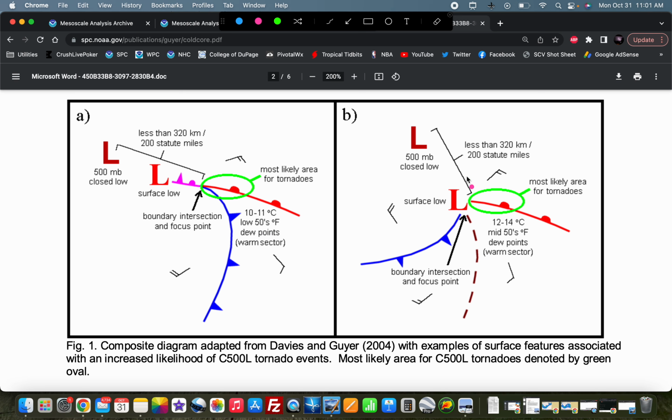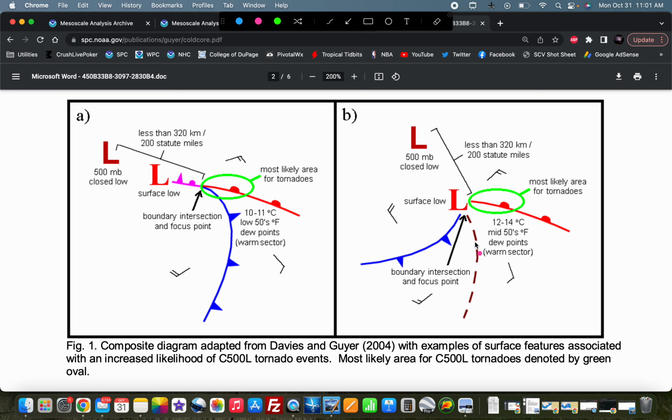This one here on the right is a little bit different, but the exact same idea. We have the cold front trailing back well to the west, and we have a dry line feature leading up into the surface low, with our warm sector up in here, low to mid 50s dew points leading up into the surface low to the south of the warm front.